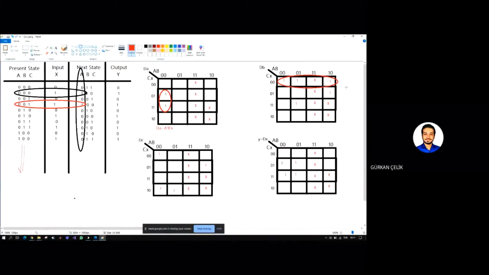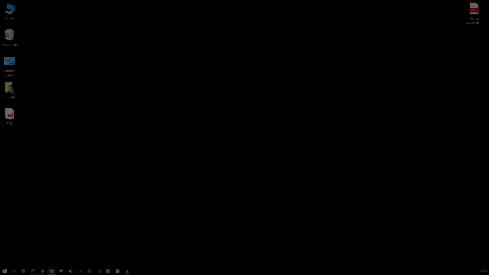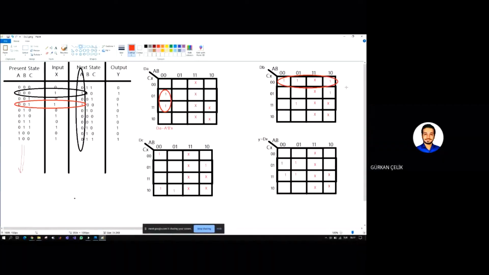So here, the point is to create a circle as big as you can. You can create 1 by 1, 2 by 2, or 4 by 4, like that. That is, groups of 1 square, 2 squares, 4 squares, 8 squares and 16 squares.